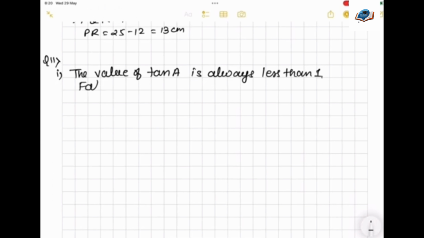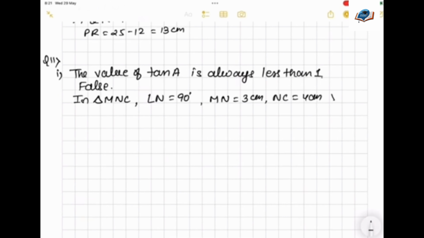False, because in triangle MNC, angle N equal to 90 degrees, MN equal to 3 centimeter, NC equal to 4 centimeter, and MC equal to 5 centimeter. Tan M will be 4 by 3, which is greater than 1. Whatever you write, both are correct.